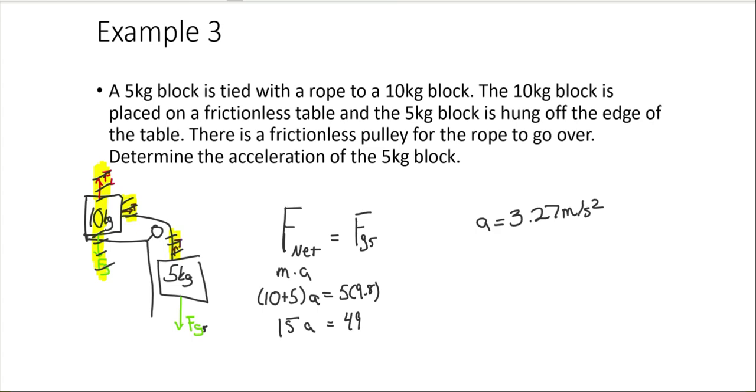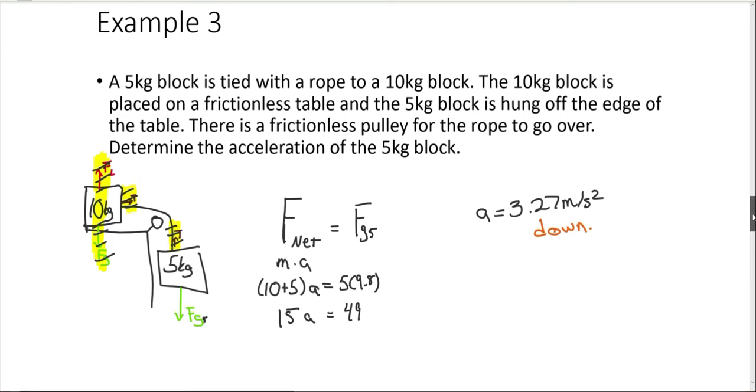What should I say for my acceleration? The problem says determine the acceleration of the 5 kilogram block. So the 5 kilogram block is going to be accelerating 3.27 down. Good thing we read our question to make sure we know which direction it should go.